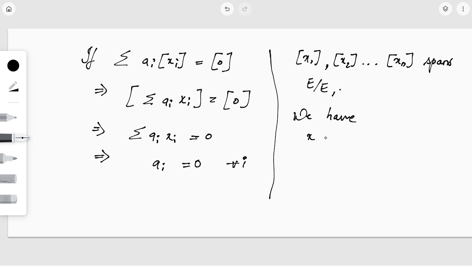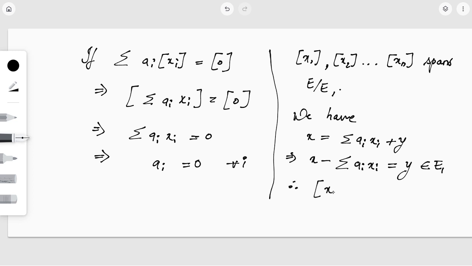x is equal to summation ai xi plus y. Now this implies x minus summation ai xi is equal to y, which is an element of E1, and therefore coset x minus summation ai xi will be coset 0, which implies x minus summation ai xi will be 0.